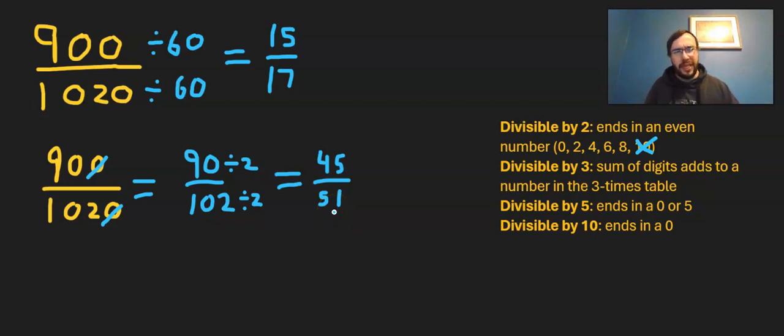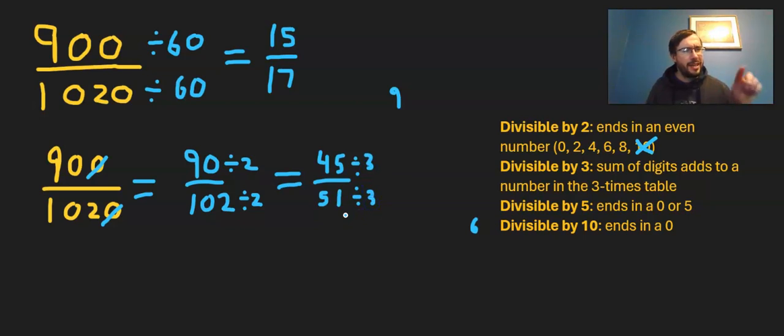But what about 3? Well, 4 plus 5 is 9, and 5 plus 1 is 6. Both of those numbers are in the 3 times table, so we can actually divide these both by 3. So 45 divided by 3 and 51 divided by 3.